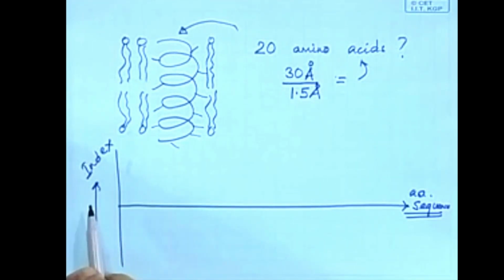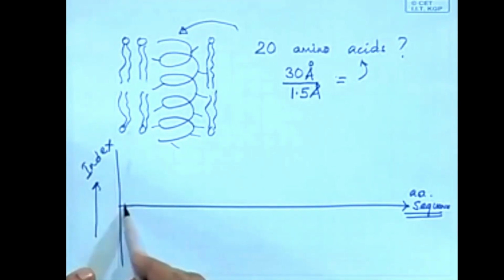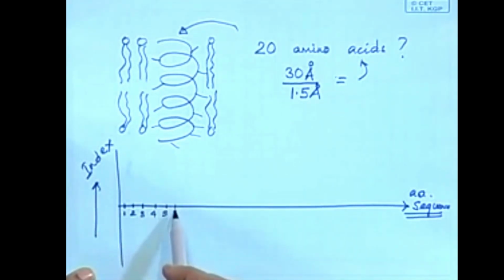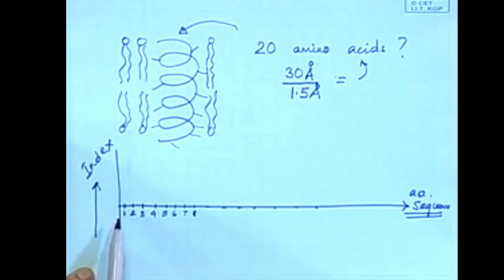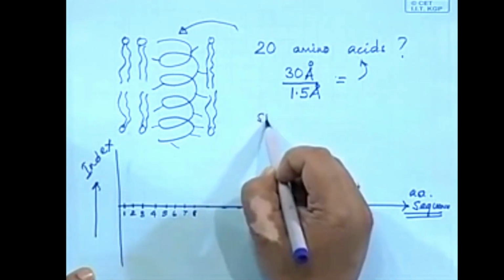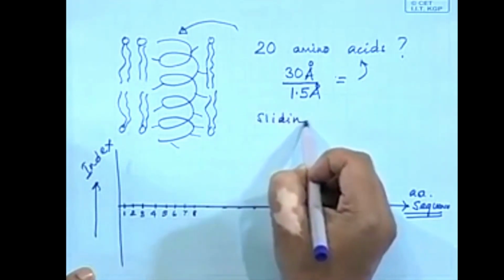What is this index? It is the average index that we found out in the previous slide. So, if I have residue 1 here, 2, 3, 4, 5, 6, 7, 8 and so on. Then, I had a sliding window. What was my sliding window size? 7.